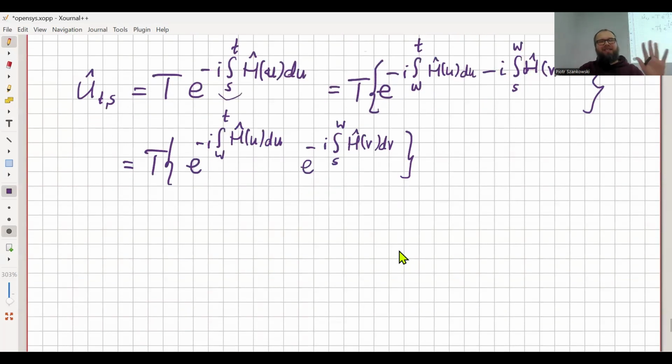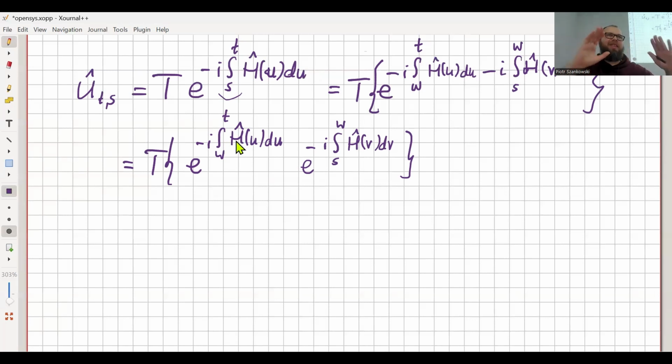But now let's use some words. When you inspect those two guys, you see that the variable u will always be larger than the variable v, because this integration goes from W to T, and this integration goes from S to W. So every operator that's under this integral will be later than any operator under that integral.